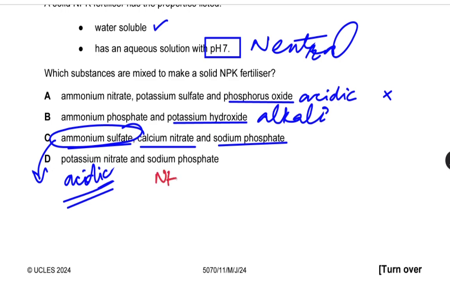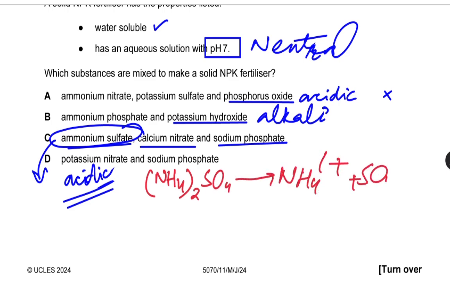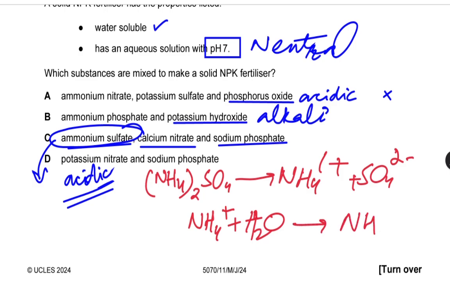Basically what happens, ammonium sulfate is a water soluble salt. It produces ammonium ion and sulfate ion. Here ammonium ions in the presence of water produce ammonia gas, NH3, and hydronium ion.